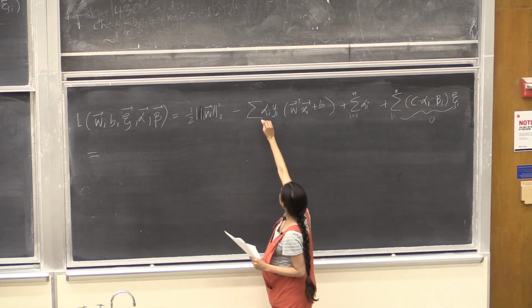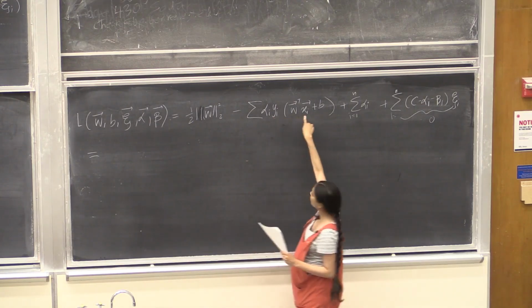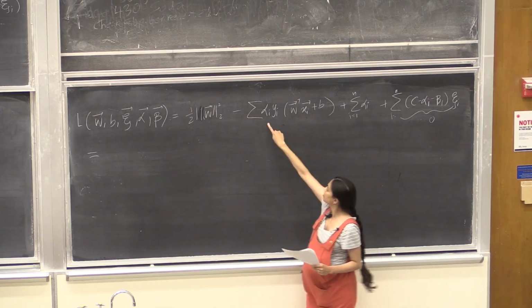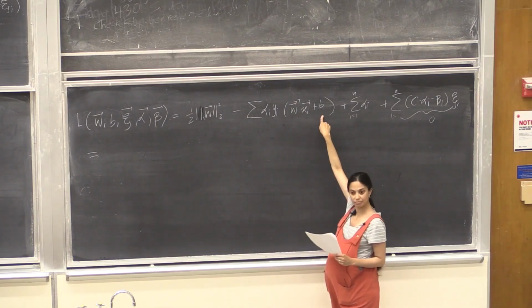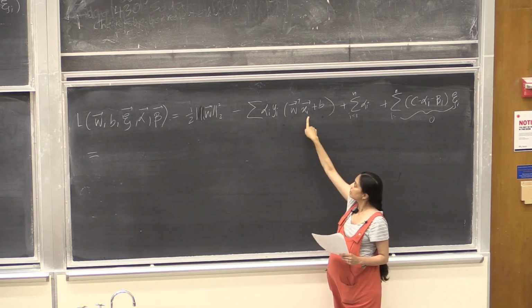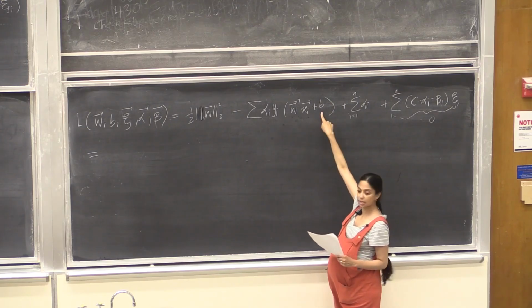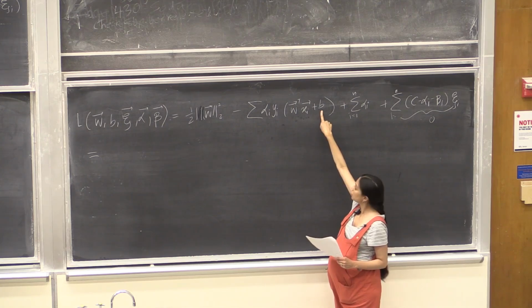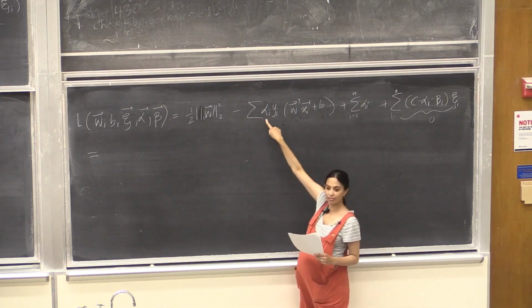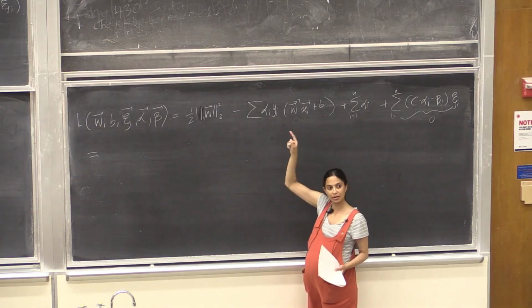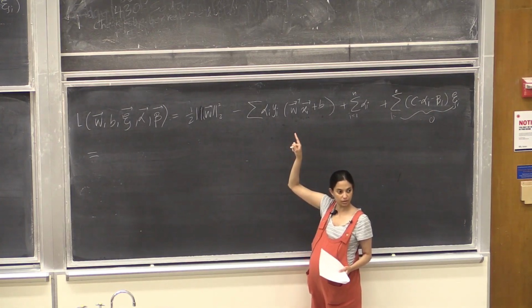So I have sigma alpha I yi times W transpose xi, and then I have sigma alpha I yi times B. This has something depending on I, right? But this has no dependence on I. So this is B times sigma alpha I yi. What is that going to be equal to? That's also going to be equal to 0, right?